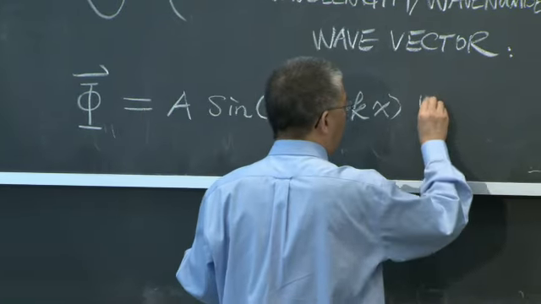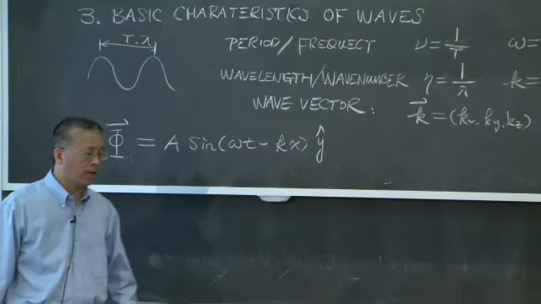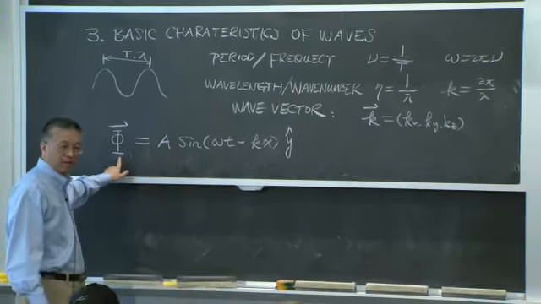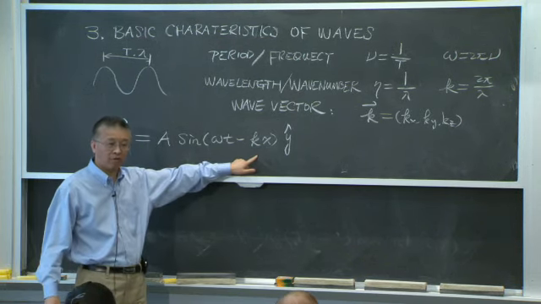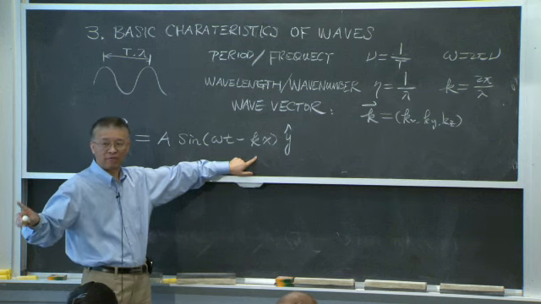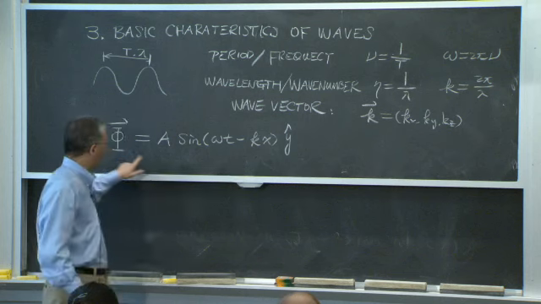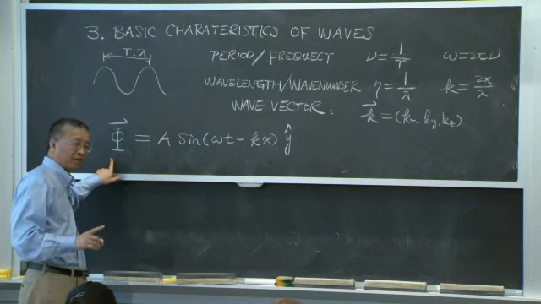And then I have a unit vector representing this vector. When I say the direction, that's the wave traveling direction. So I have two directions there. One is the wave traveling direction. The other is the wave oscillation direction, right?